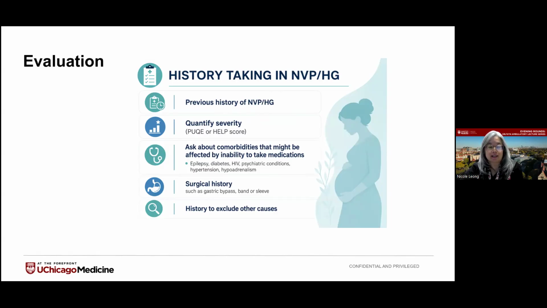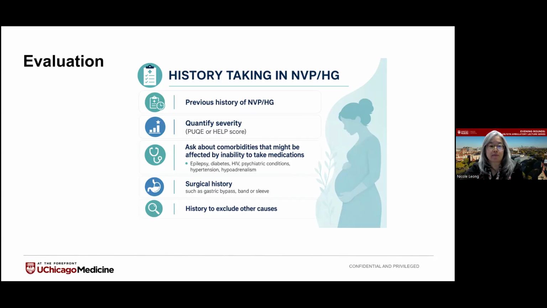And that can push us to not worry so much about the more rare things like appendicitis and whatnot that we just discussed. And it is very common for nausea and vomiting in a previous pregnancy to recur again in future pregnancies.